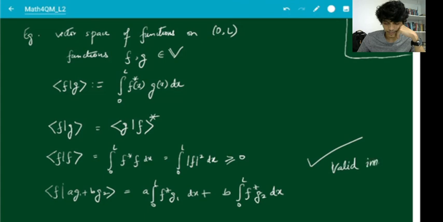And whenever we are dealing with the space of functions, this is the inner product that we are going to use. Two quick definitions.